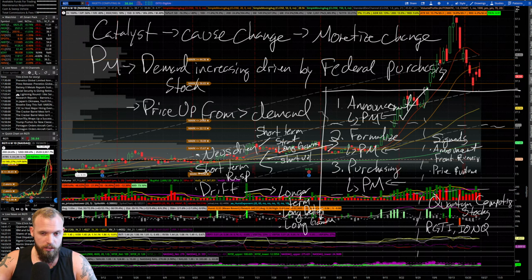The TLDR is fundamentals or any other signal, not relegated just to fundamentals, but any signal becomes relevant when it makes sense for the profit mechanism and for the strategy.